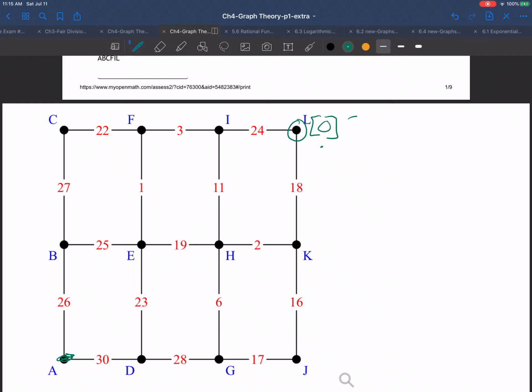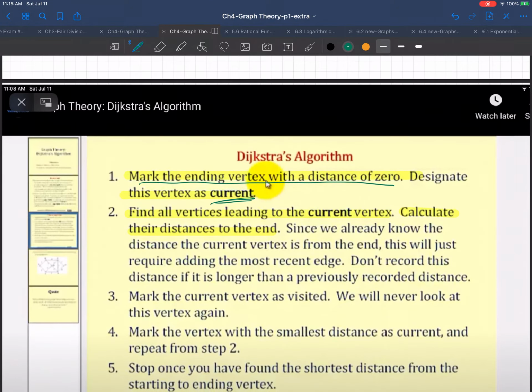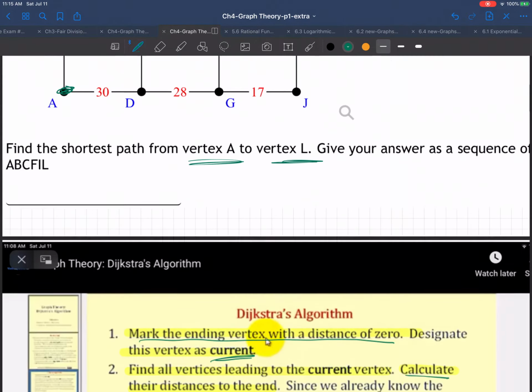That's the end, right? This is the end right here. What are all the points that lead to that point? Well, K leads to that, and I leads to that, don't they? They're the only 2 points that directly lead to the end, to L. And it says go back and calculate their distances to the end.